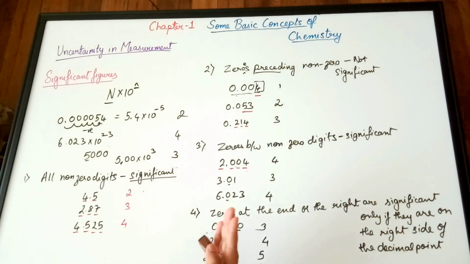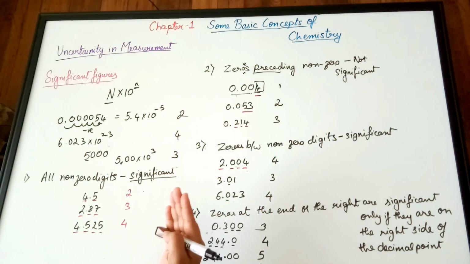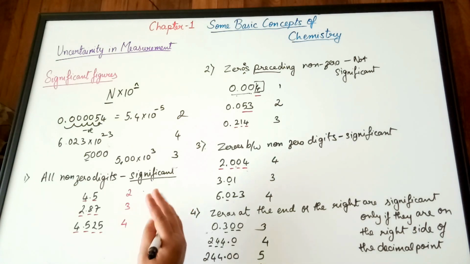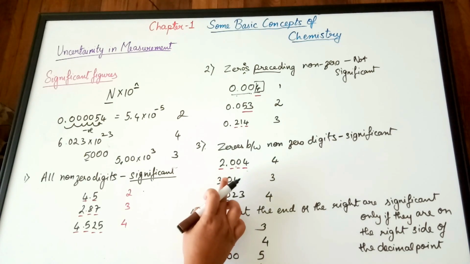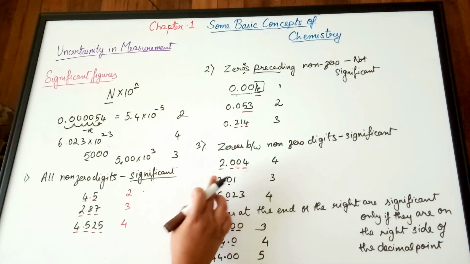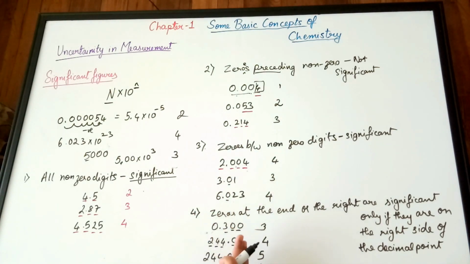So the zeros which are before the first non-zero digit are not significant. The zeros which are between non-zero digits are significant, and the zeros on the right side after the decimal point are considered significant. With this, we complete the topic significant figures.